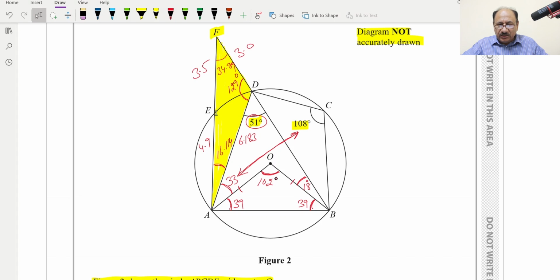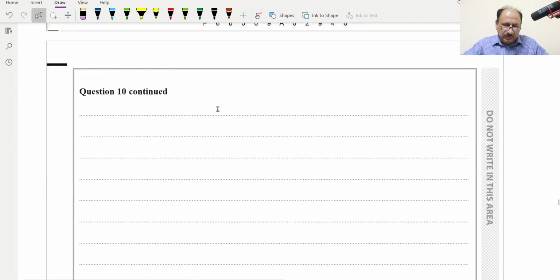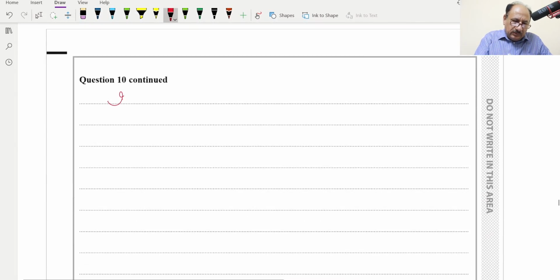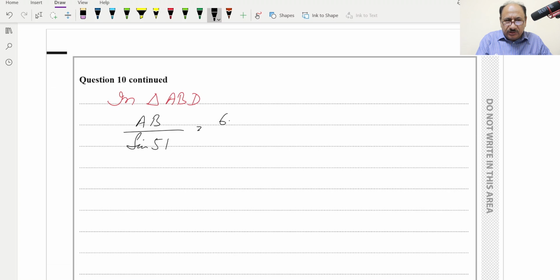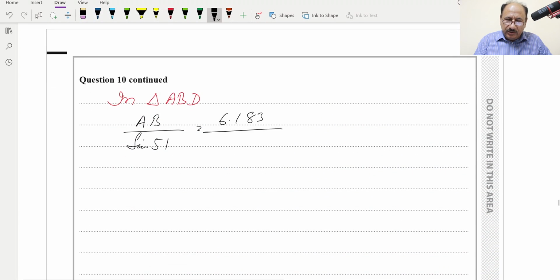So in triangle ABD we will apply the sine rule. AB over sine of 51 is equal to 6.183, this was 6.183, yes, divided by sine of 39 plus 18, which is sine of 57.